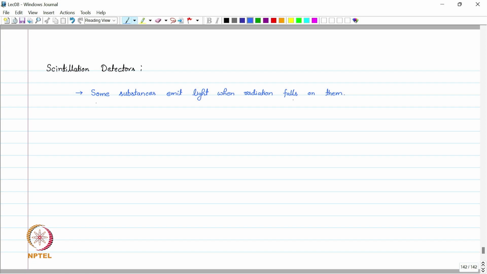The emission process is called fluorescence, or phosphorescence.